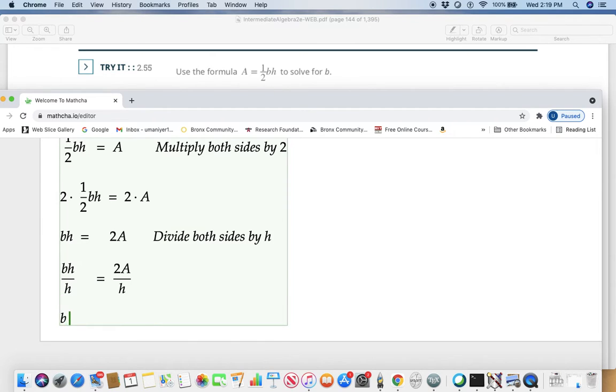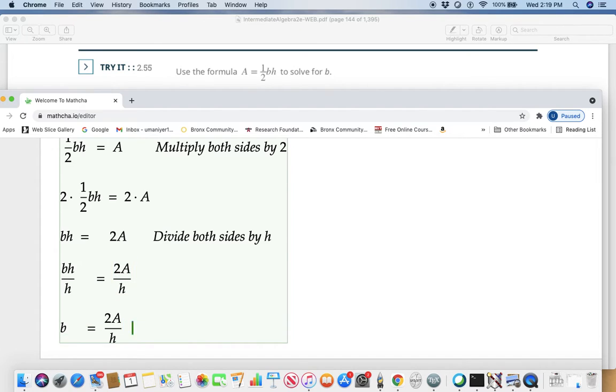You are left with B equals 2A over H. We have solved for B. That's it.